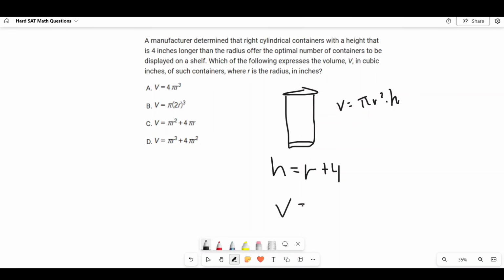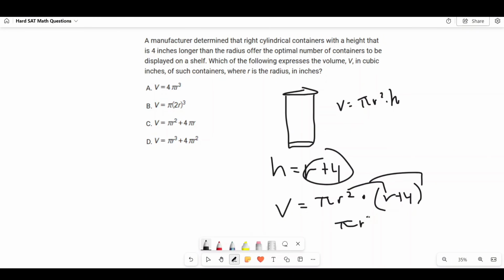So I just did V equals pi r squared and replaced the h with r plus 4. So I did times r plus 4, and then I just distributed from there, and that gives me pi r cubed plus 4 pi r squared. And that's our answer, D.